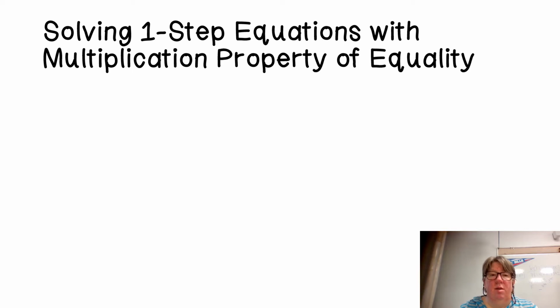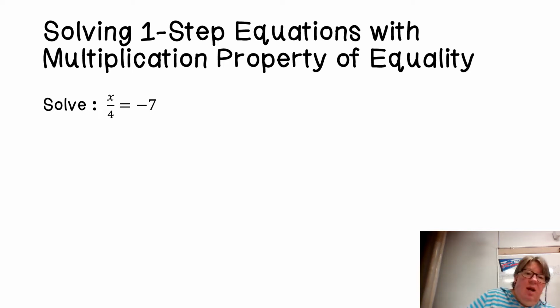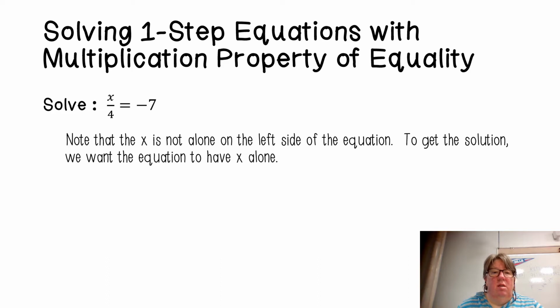All right, so how do we use this to solve one-step equations? Well, let's look at one. We have the equation x divided by 4 is equal to -7. We want to know what value of x makes this true. So we notice that the x is not alone on the left side, right?